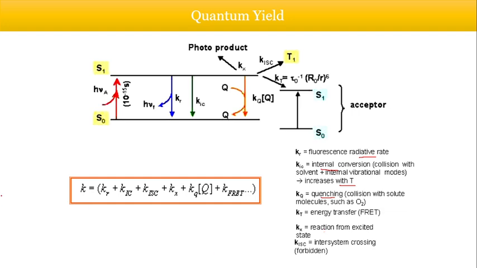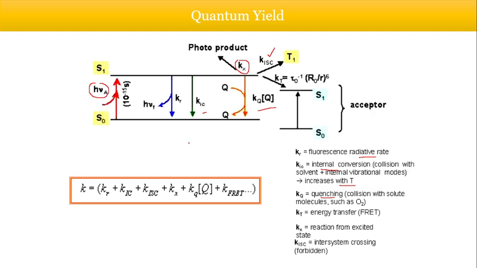When an electron is excited from an S0 to an S1 state, the energy provided is h nu A, and then your fluorescence radiative rate is h nu F. Then you have your internal conversion, then your quenching factors, then your inter-system crossing, followed by the reaction from your excited states.